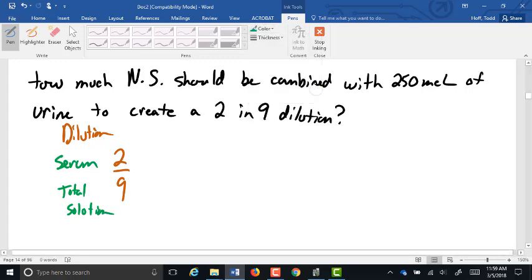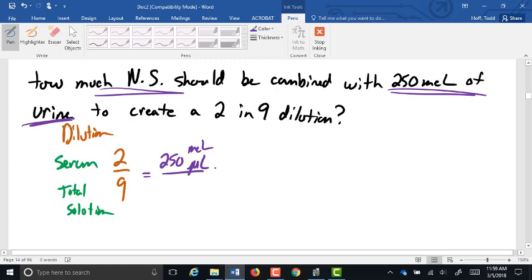Well, we have the serum. In this case, urine is our serum. That's our concentrate. We are looking for the amount of saline. Now we could plug this in. 250 microliters. I either put in mcL for microliters like I put above, or the textbook's going to use mu-L for microliter. And we can cross multiply and divide. 9 times 250 divided by 2.